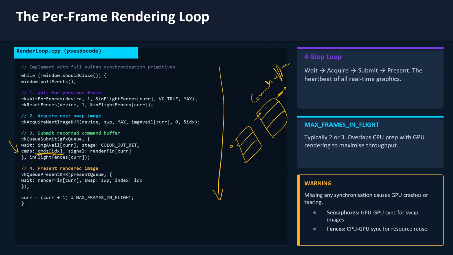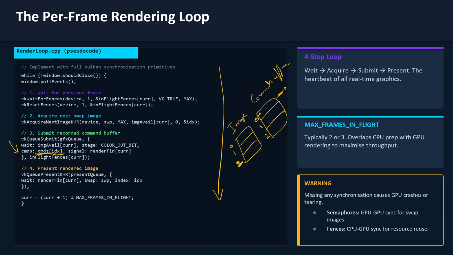So like 0, 1, 2, which is the index of your images. So these are your swap chain images. Similarly, I do have command buffers. Not for each swap chain, but for each frame, I do have a different set of command buffers, because these command buffers are getting executed on the GPU, right?